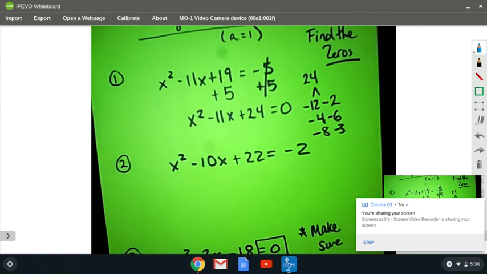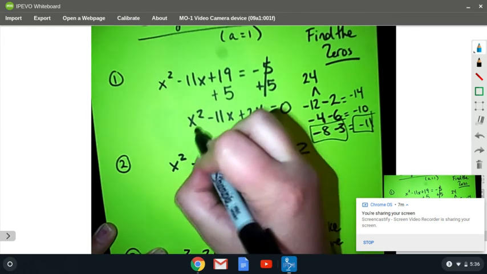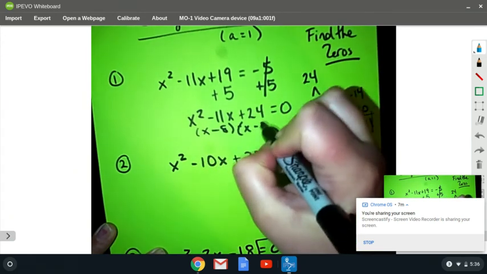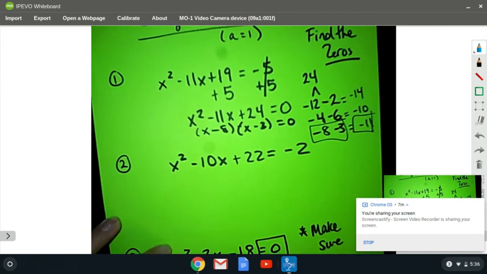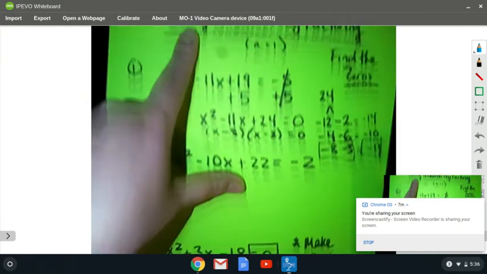So just off of this now, I can see -12 and -2. That gives me -14. This gives me -10. And this gives me -11. I was looking for it to add to -11. So that means these are my 2 factors. So I have x minus 8, x minus 3. Last step here to solve, because the difference here is we're no longer just factoring, we're solving.